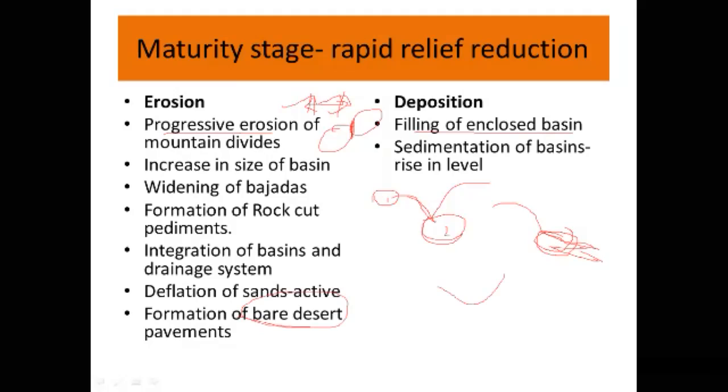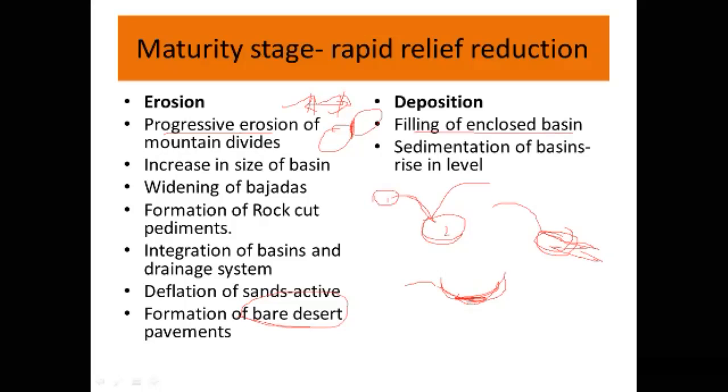Suppose this is a basin here, and deposition is happening, so the level of the basin is going to rise. That's the filling of enclosed basins because of deposition, and sedimentation also raises the level of the basin. So that's what is happening in the maturity stage.